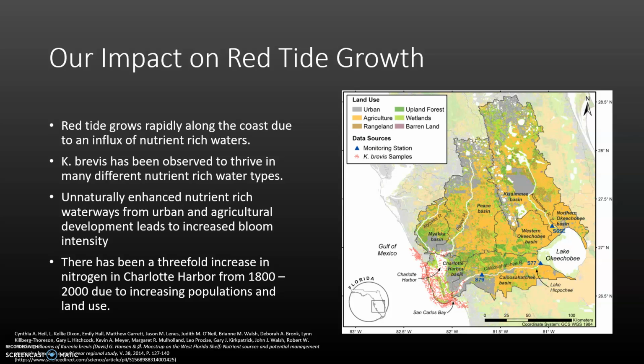But all this goes into the water and then into the bay and ultimately leads to more nutrient-rich growth. It's been observed to thrive in many different nutrient-rich water types. There's no one specific nutrient that causes it to grow. So it's very susceptible to large, massive growth that can be damaging to ecosystems.